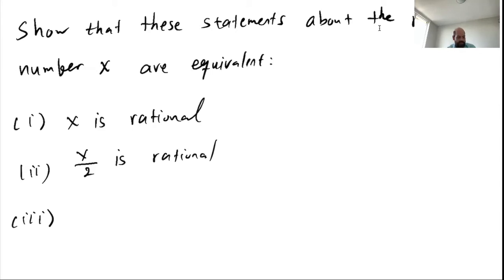I was assuming a and b are integers, therefore a and 2b are integers, and the denominator, which is 2b, is also not 0 because b is not 0. So that means x over 2 is a rational number. So this was 1 to 2, now 2 to 3.